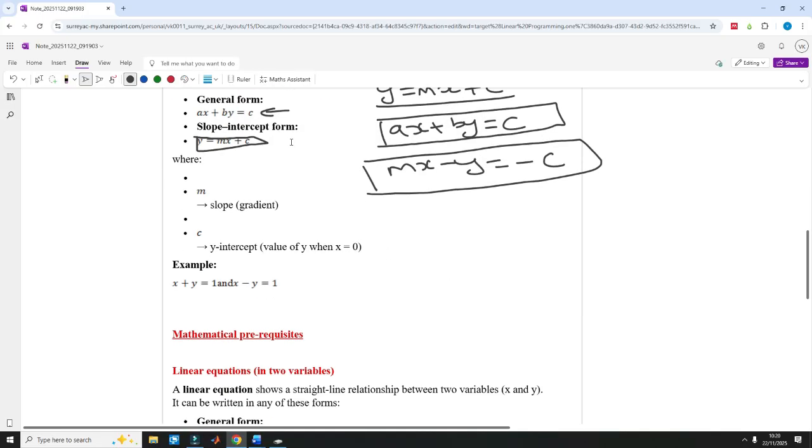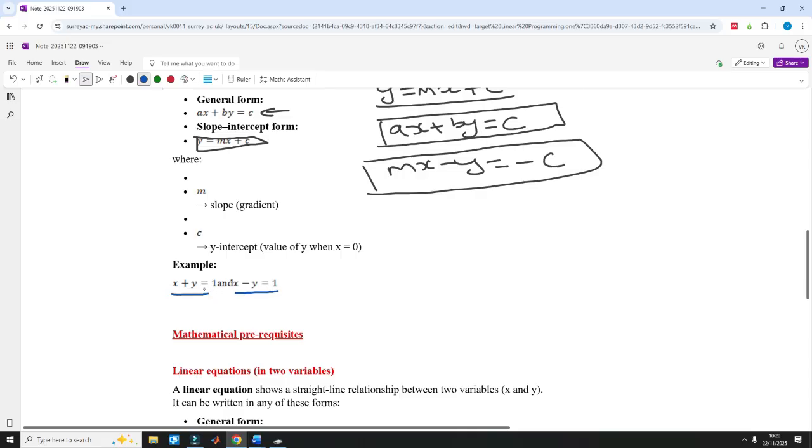Two more things that you should remember. I think you may know how to do this type of problem. Imagine I give you two linear equations and ask you to solve them. What do I mean by solve? x + y = 1 is one linear equation, and x - y = 1 is another.